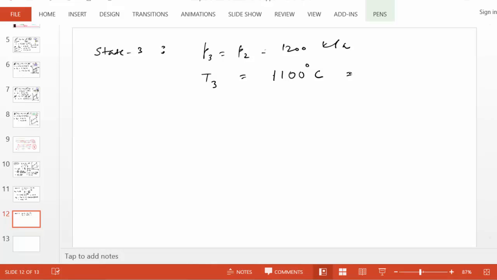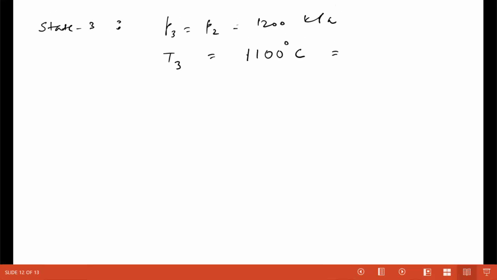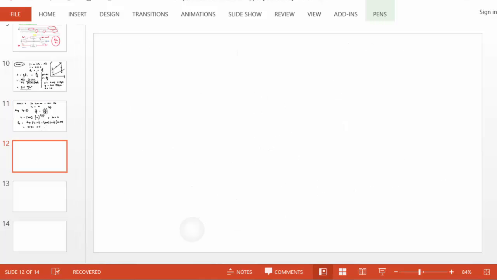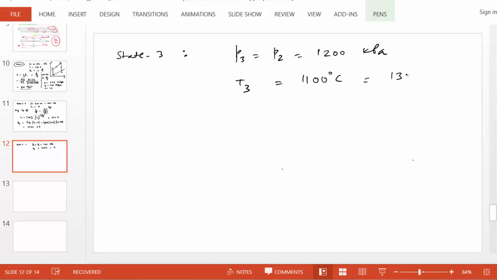Add 273 to that. Oops, the PowerPoint crashed, so I just restarted. So let's go back to state 3. We already know pressure doesn't change during heat addition, and the temperature is given as the turbine inlet temperature. So we already know pressure and temperature, so state 3 is solved.